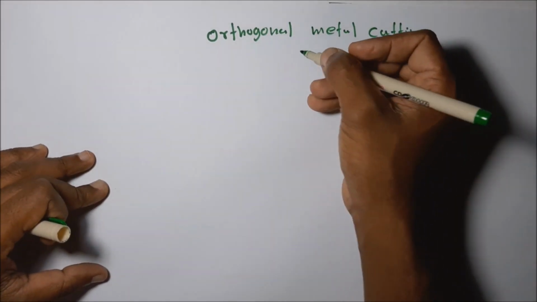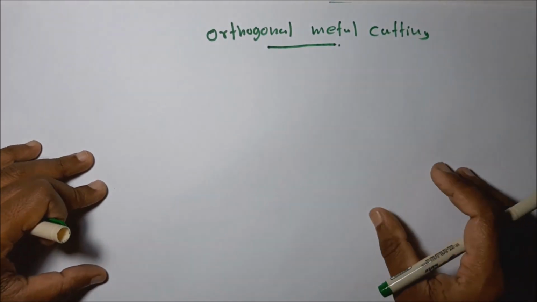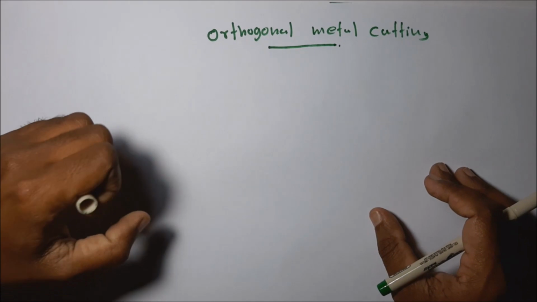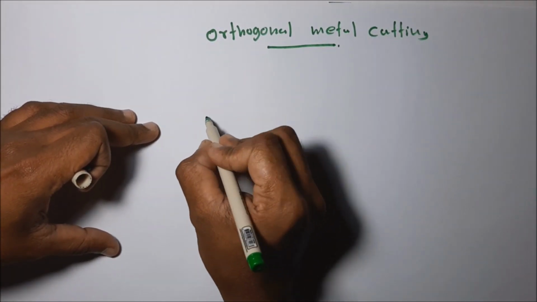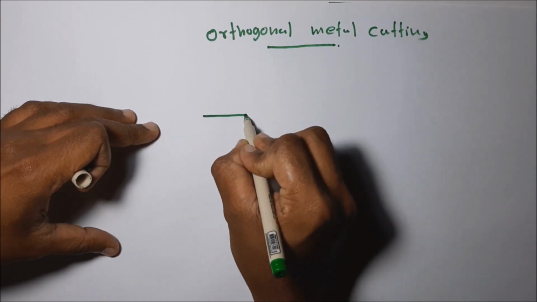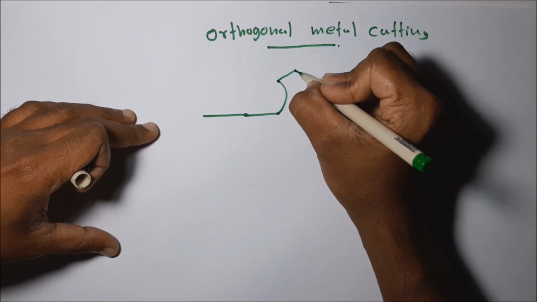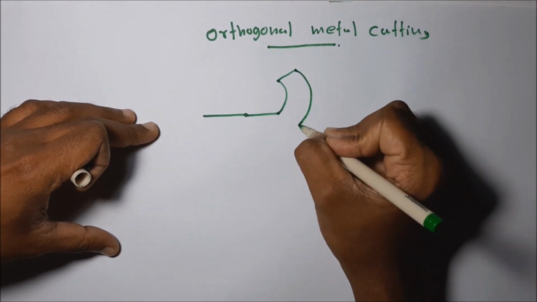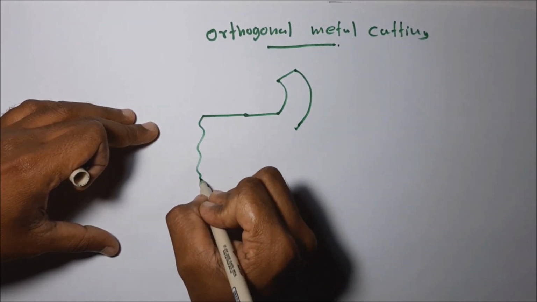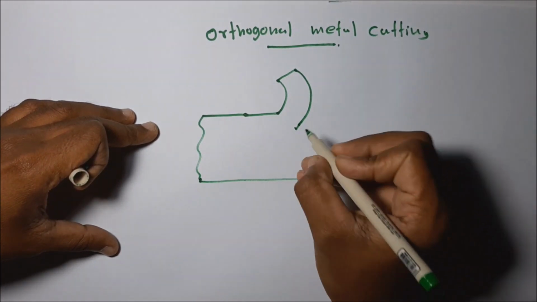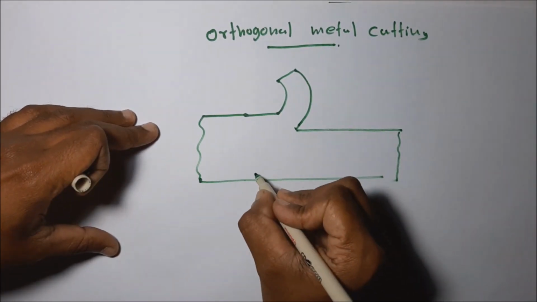In any orthogonal metal cutting operation, we can draw this kind of two-dimensional diagram representing a workpiece, cutting tool, and the removing chip. This is the removing chip. This is the workpiece.